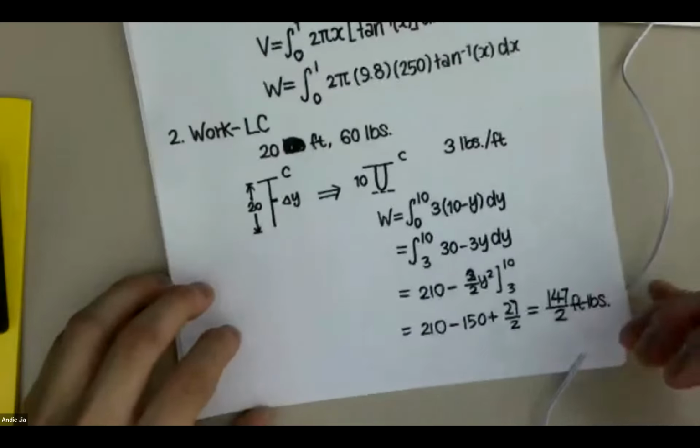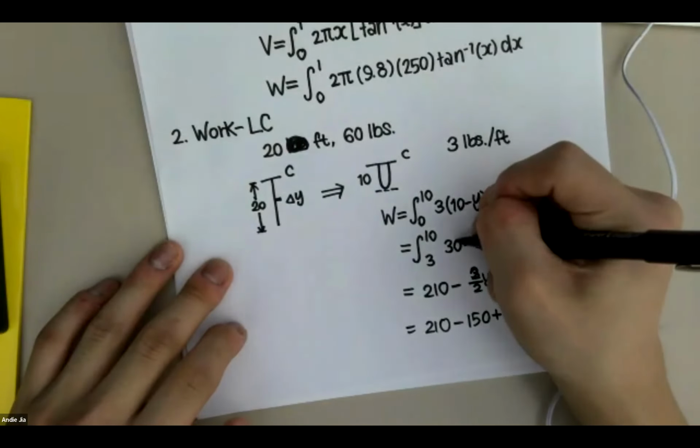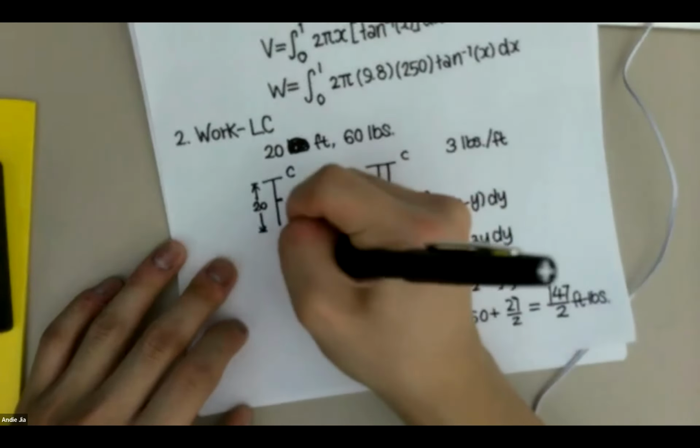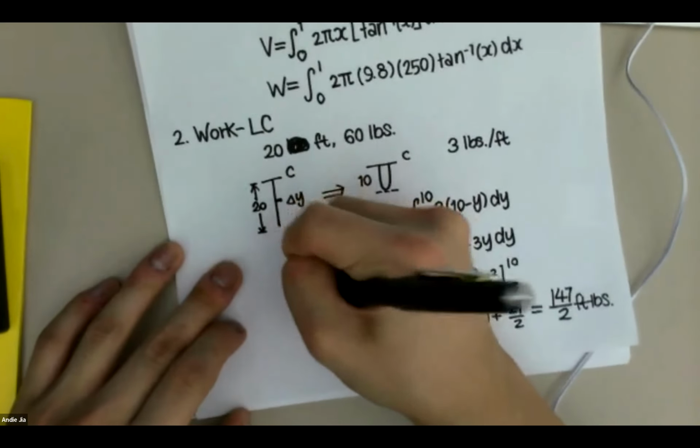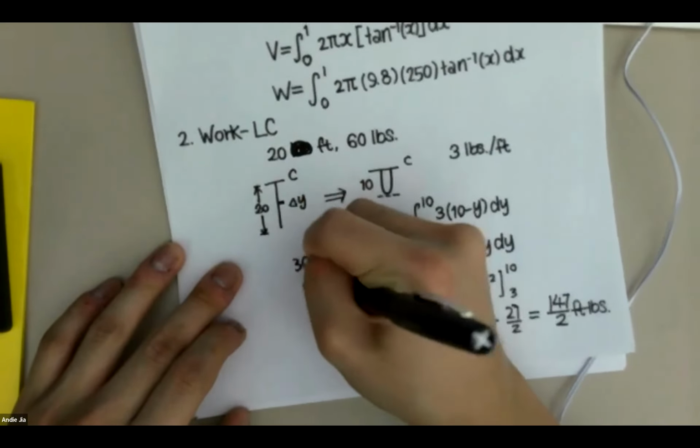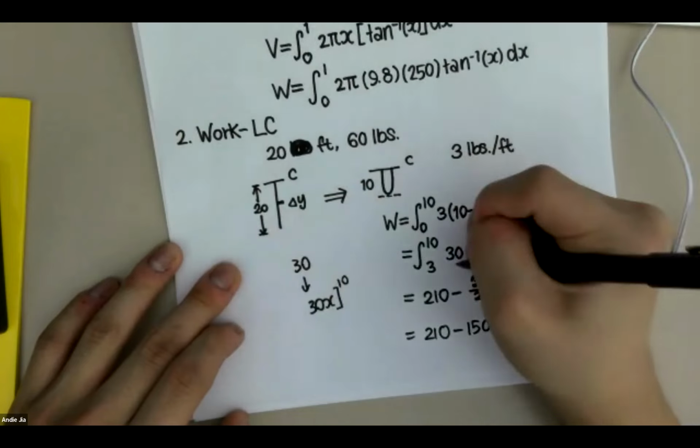Could we go over one more time why, when we took the integral, 30 ended up becoming 210? Okay, for 30 here, the antiderivative of 30 becomes 30y, and then minus 10. Oh, wait.